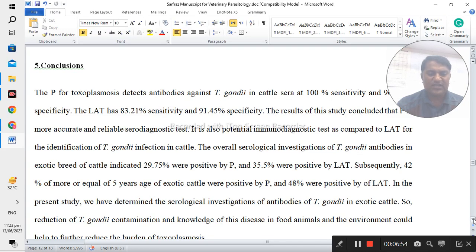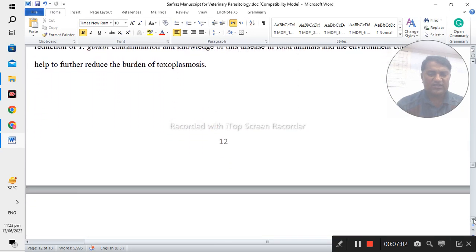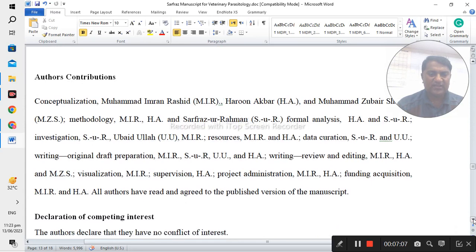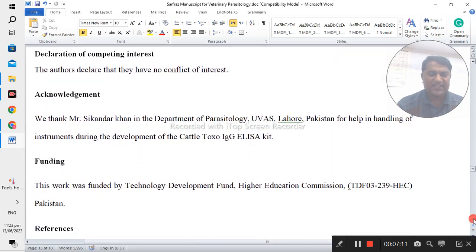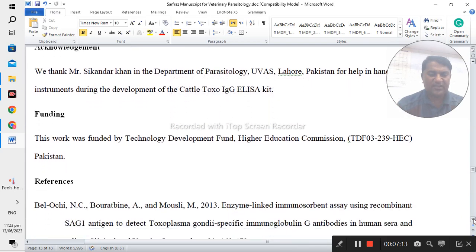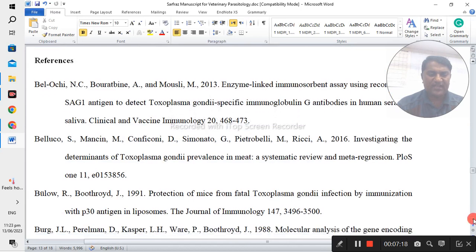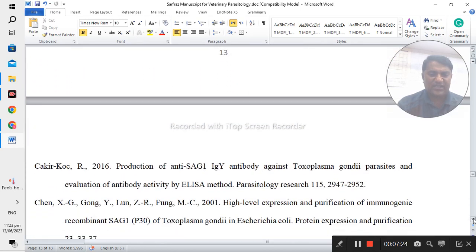The conclusion is a short, brief output of your research. Then you can see the author contribution, the declaration of competing interest, acknowledgement, funding, and the different types of references.